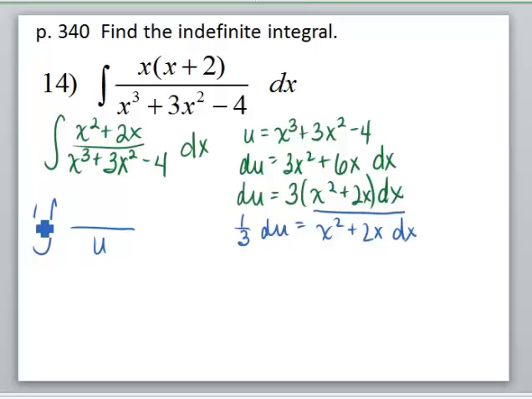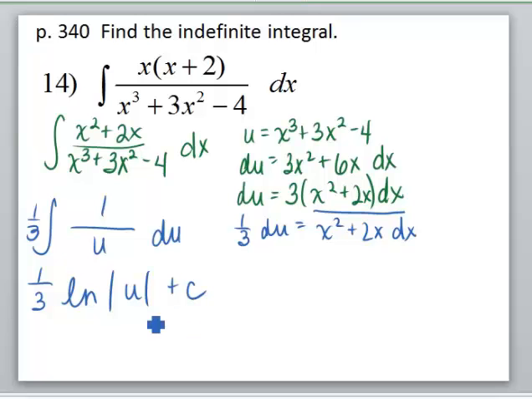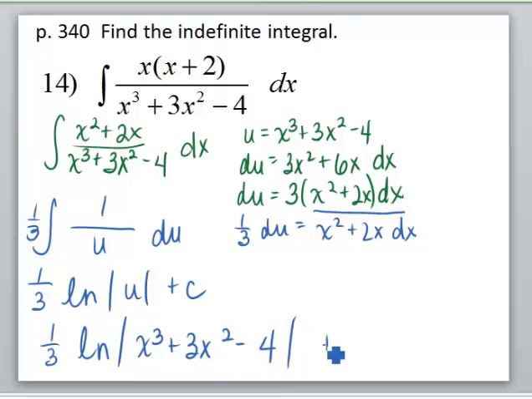So I'll add in my 1/3 du over here, and I'll put 1 on top. So I end up with the answer of 1/3 ln absolute value of u plus c, and now I'll just substitute that back in. So my final answer would be 1/3 ln absolute value of x cubed plus 3x squared minus 4 plus c.